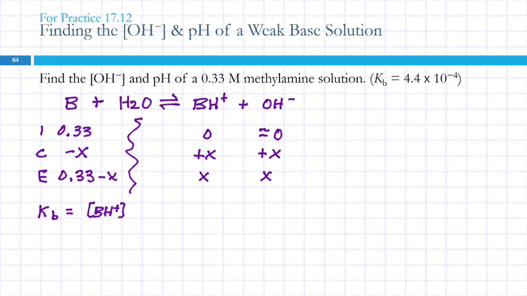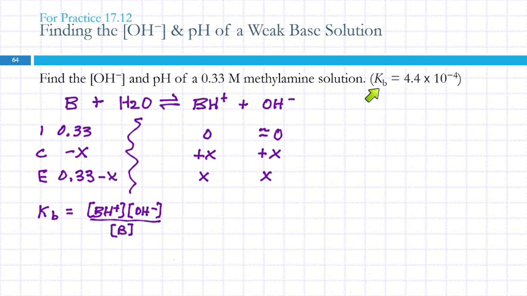So we'll take the concentrations of the products and divide by the concentrations of the reactants. Do we put water in there? No, water's a liquid, right? Its concentration doesn't change. It's never going to show up in there.